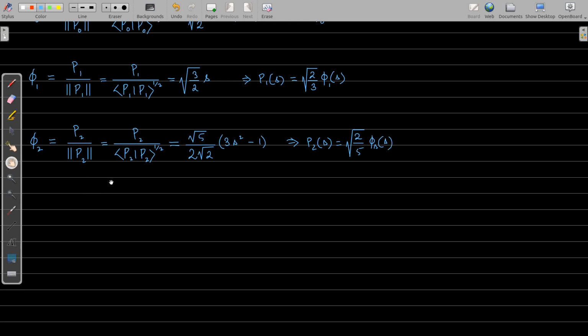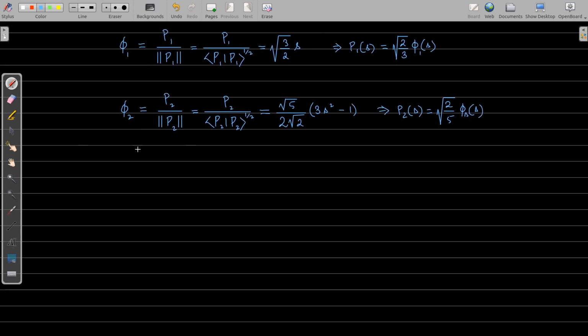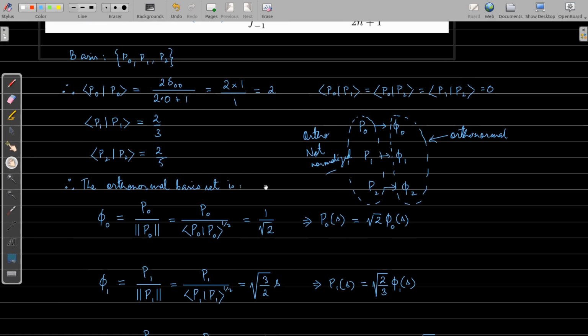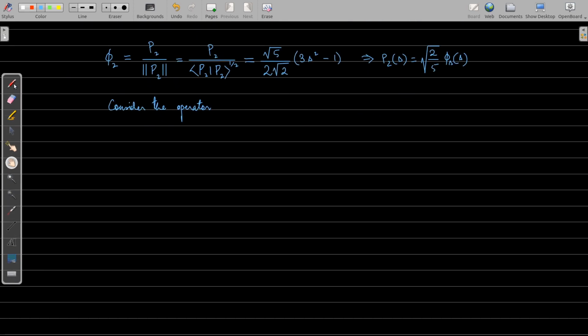Okay, so now let's consider the operator. The operator was A, which is s d by ds. So A is equal to s d by ds.